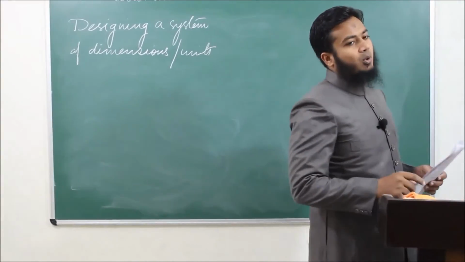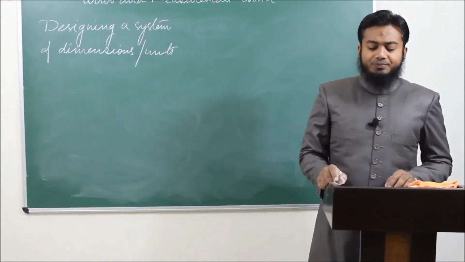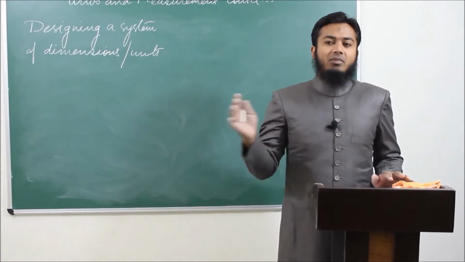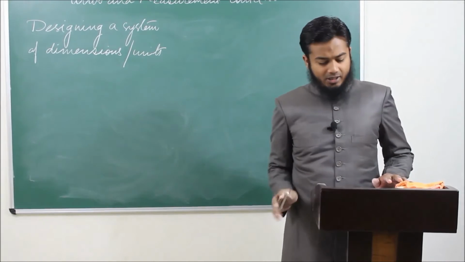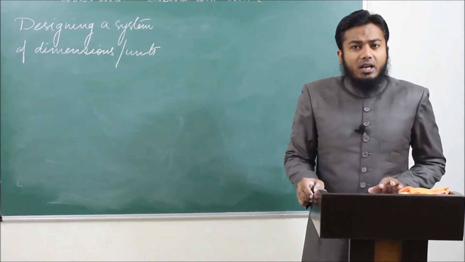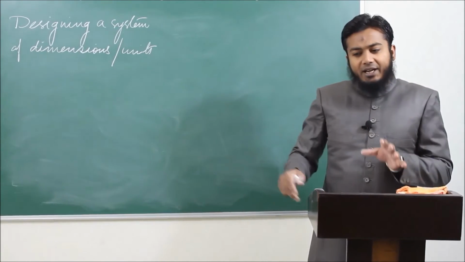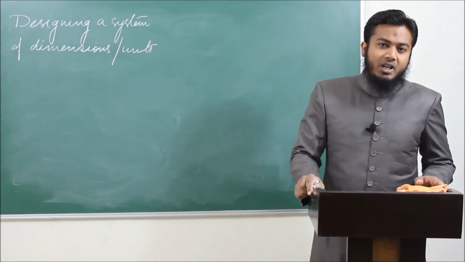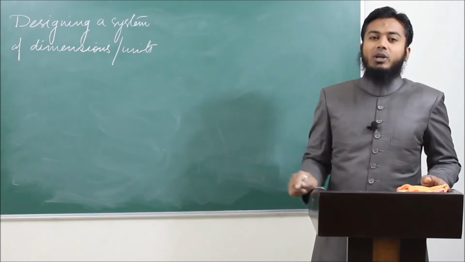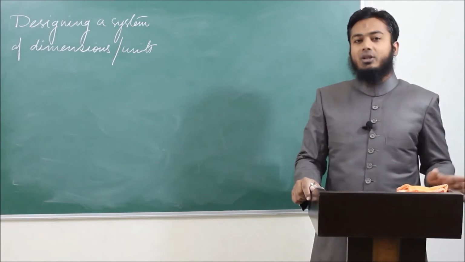We are designing our own system. So we know that in SI system, the base quantities are mass, length and time, and there are 4 other quantities. But the dimensional analysis allows us to decide the base quantities. And in terms of those base quantities, we can calculate the dimensional formula of any other physical quantity.